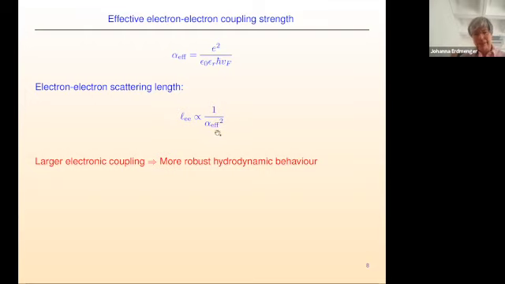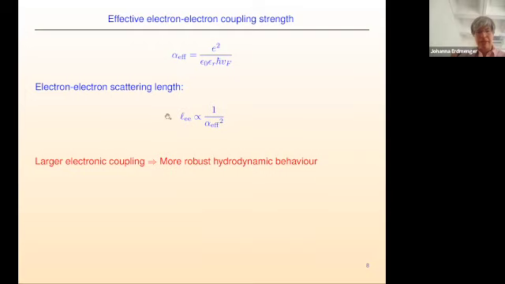This effective coupling strength is given by the elementary electronic charge, the permeability here, h bar, and the Fermi velocity. The Fermi velocity is the velocity at the Fermi surface, a very typical quantity considered in condensed matter physics. If this coupling becomes bigger, then the scattering length becomes smaller, and obviously if the scattering length becomes smaller, this is the most dominant effect.